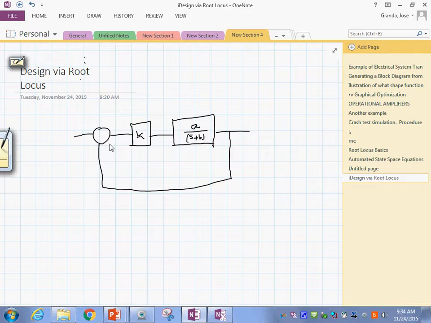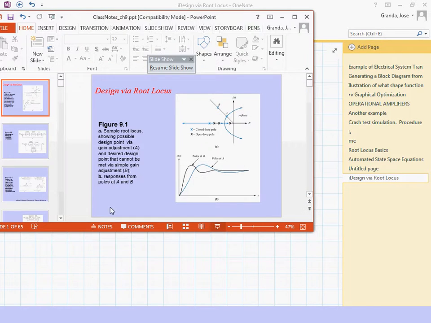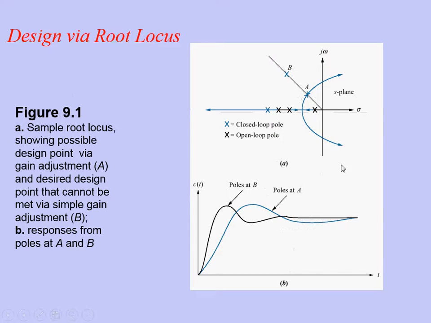So the question is, what is the response of the system? This is your system. If K changes from 0 to infinity, every different value of K is going to have a different position on the root locus. So for every value of K, you will get one position on this graph.